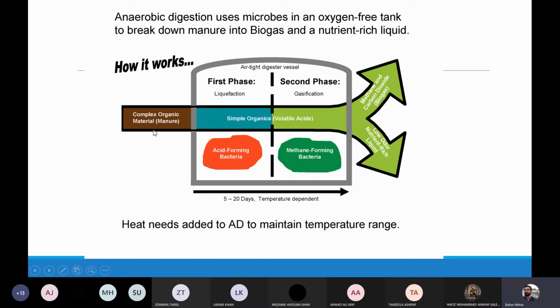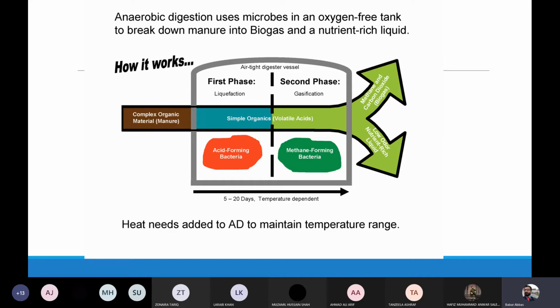So the selection of the complex organic material, or the feedstock, or the raw material, or the solid waste, or the organic waste, or whatever name can be given to that waste, is very important.